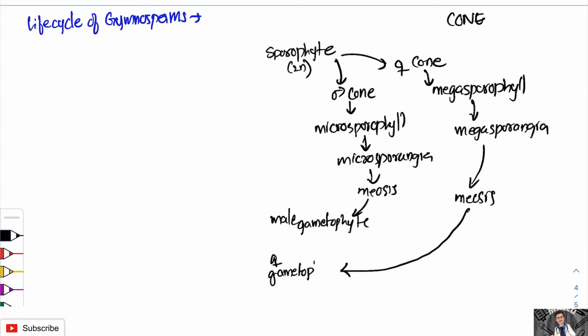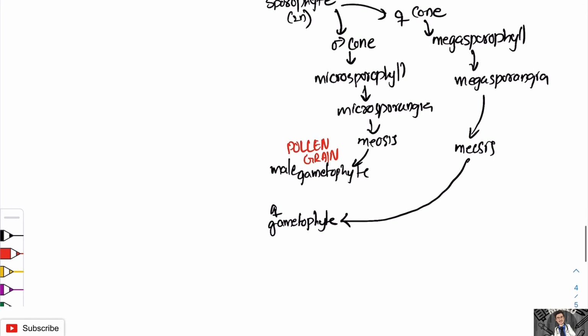But there's going to be a difference here. Here we call the male gametophyte pollen grain. The male gametophyte in gymnosperms is known as pollen grain, and the female gametophyte in gymnosperms is known as endosperm.